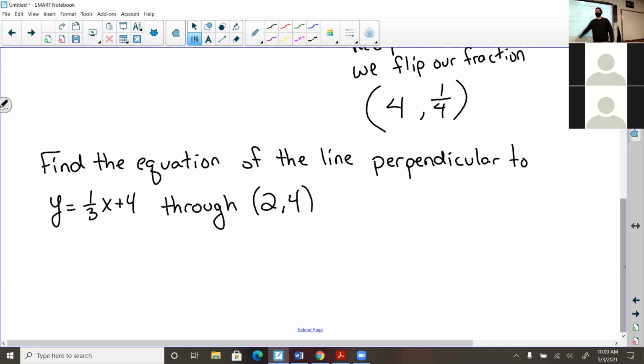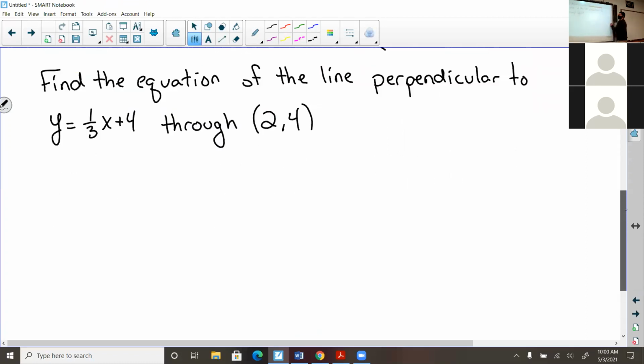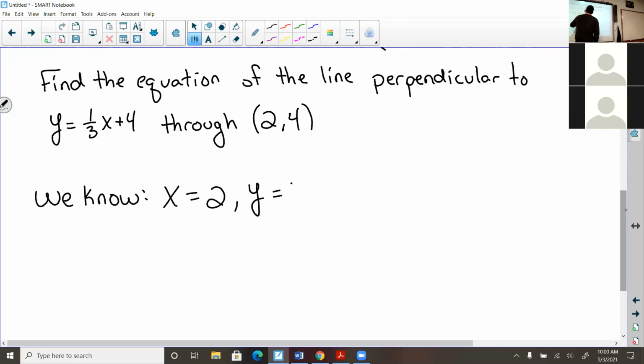So the things that we know: x is 2, y is 4, and our slope has to be the opposite of the reciprocal of 1/3.